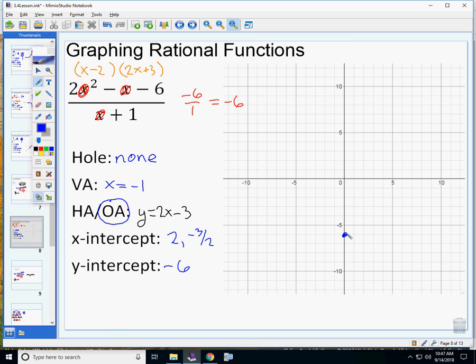So now put all of these intercepts on the graph. And I'm also going to put in the asymptotes. So x equals negative 1. And then we have the other asymptote where y equals 2x minus 3.